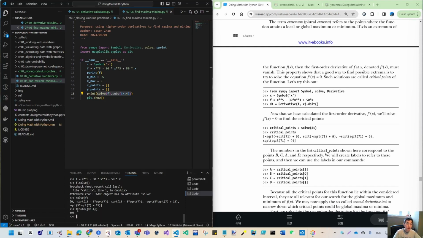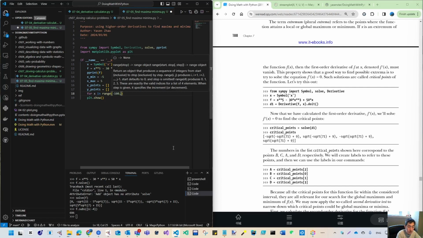Okay, so that is the way. So I should use this one. When I want to get y, for x in range, let's see. So maybe it's 400, 100.